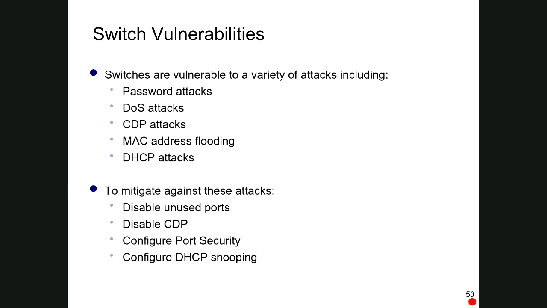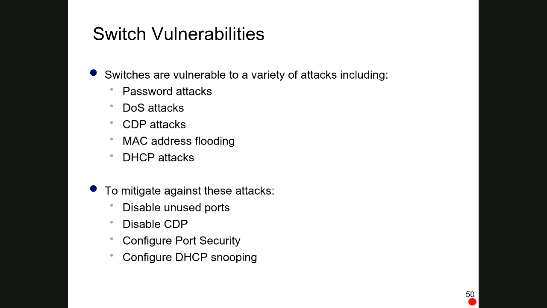Okay, switches have vulnerabilities. People can try every password in the world, or do a denial of service attack, or do a Cisco Discovery Protocol attack, or maybe flood the switch's MAC address table with so many addresses that it stops being a switch and demotes itself to a hub, and now you can hear everything on every port.